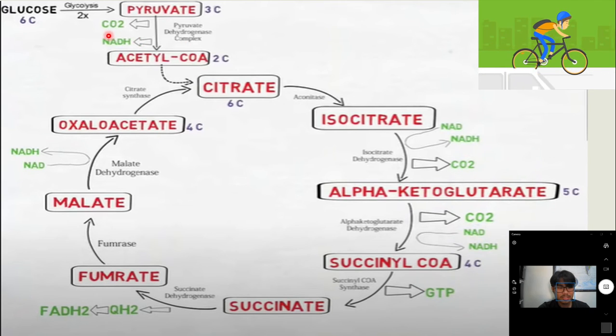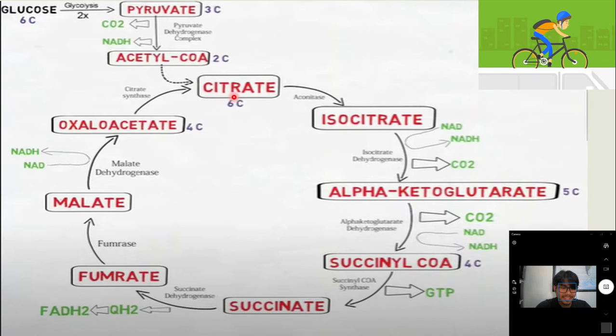In this reaction, CO2 or carbon dioxide and NADH are generated. Next, the acetyl-CoA, which has 2 carbons, combines with oxaloacetate. You notice I said a while ago 2 plus 4 equals 6. This is the citrate, formed with the help of citrate synthase.